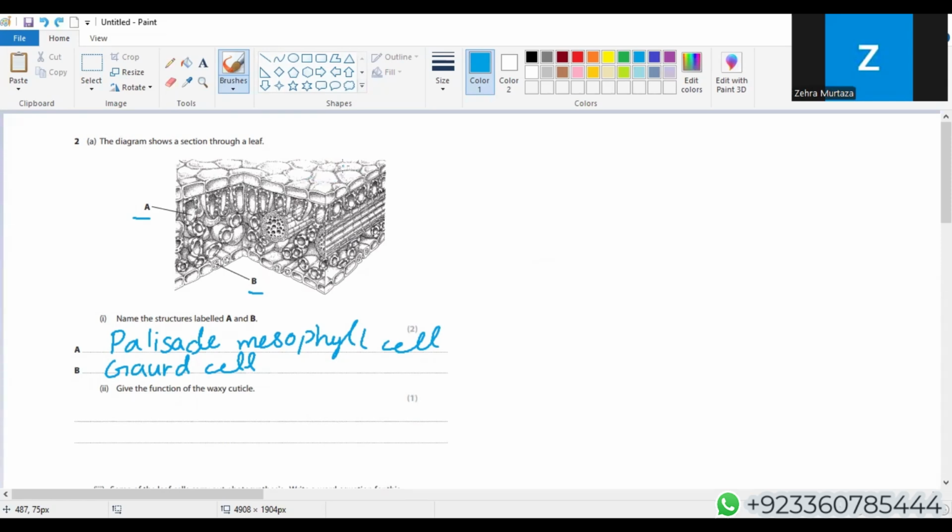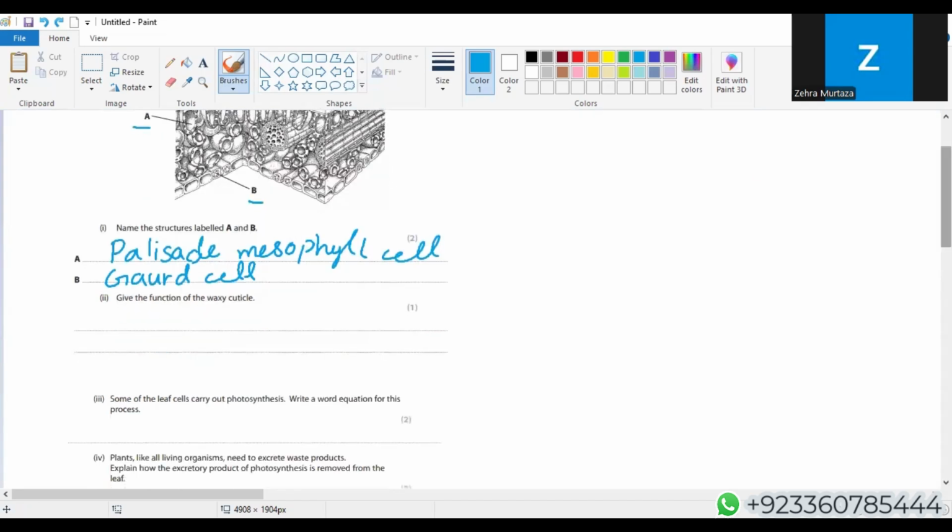Now, what is its function? It prevents water loss, or we can write, reduce transpiration or evaporation. What is evaporation? Evaporation means water is turning into gas, right? So water is going out of the leaf through the stomatal openings.